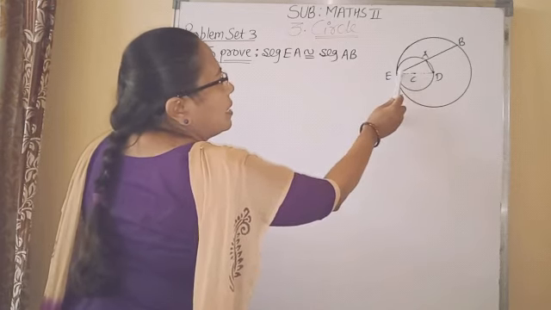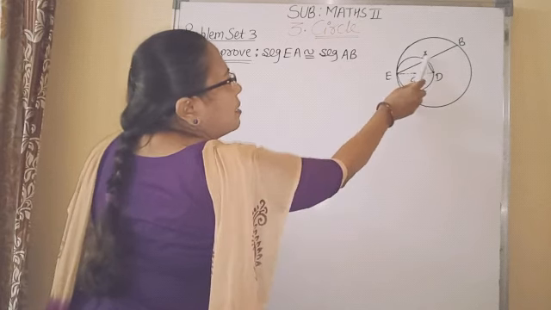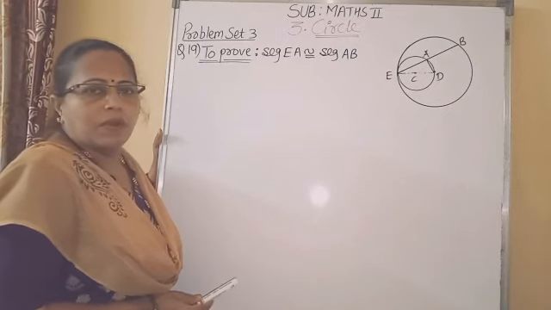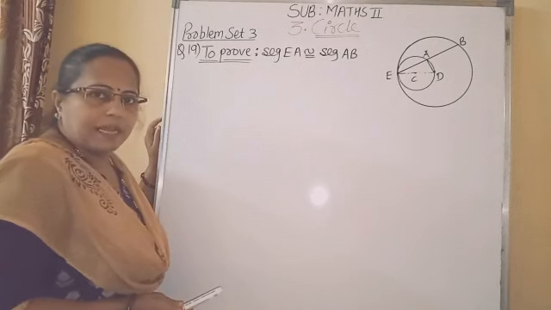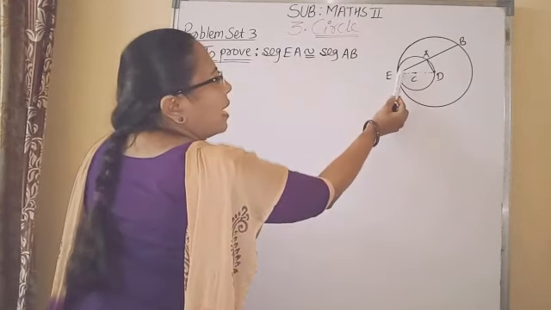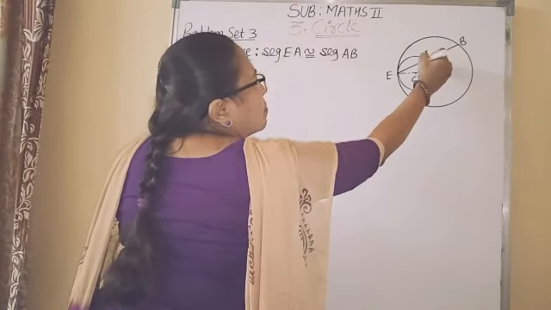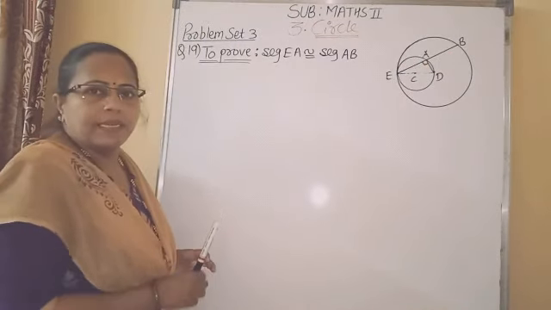So angle EAD is inscribed in a semicircle. We proved the corollary that an angle inscribed in a semicircle is a right angle. So according to that corollary, angle EAD is equal to 90 degrees.